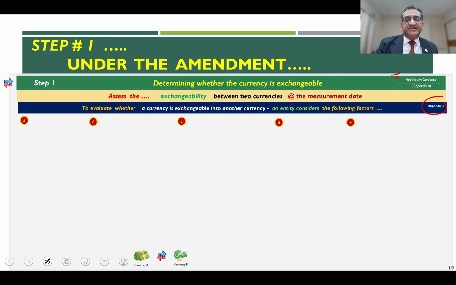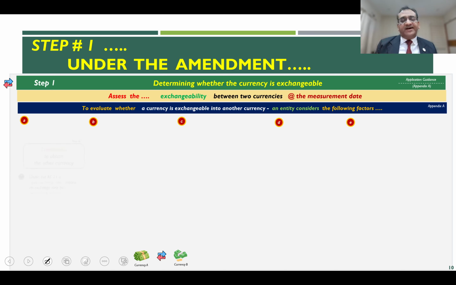Now what it says is that when you are determining whether the currency is exchangeable or not, you need to assess, which we have already seen, exchangeability between the two currencies at the measurement date, and to evaluate whether the currencies are exchangeable or not, an entity needs to consider 5 factors. We will go one by one through each of these factors.